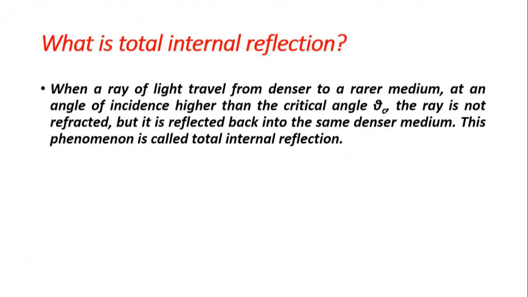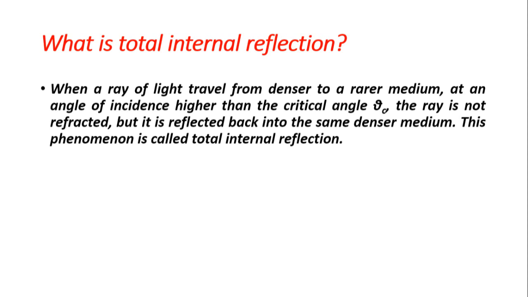Next, what is total internal reflection? Whenever light travels from a denser to a rarer medium at an angle of incidence greater than the critical angle, theta C, the ray is not refracted, but is reflected back into the same denser medium. This phenomenon is called total internal reflection.